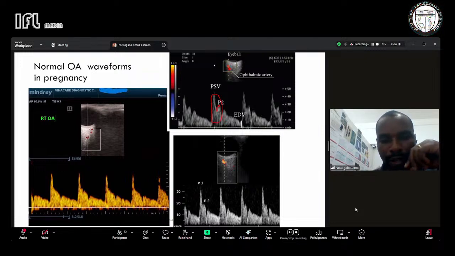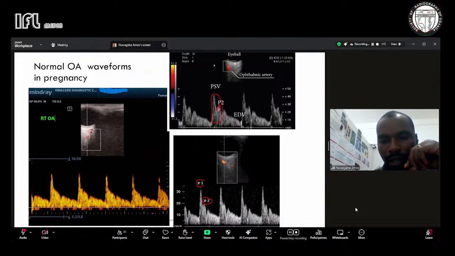So if you're calculating the peak ratio, we will take this second peak of the systole, which we know as the dicrotic wave, over the first peak, and that will give you the peak ratio.